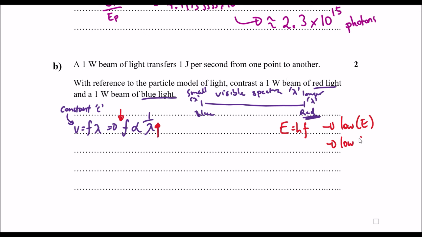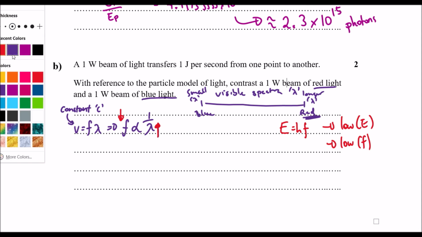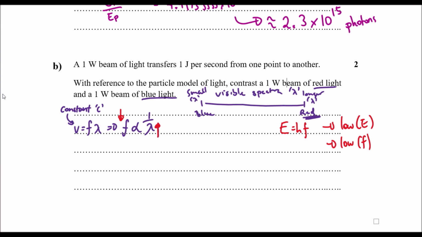low frequency. Blue light, on the other hand, we'll go back to blue, or dark blue, has a small wavelength, which means it will have a high frequency because it's inversely proportional. So that means it will have a high energy.